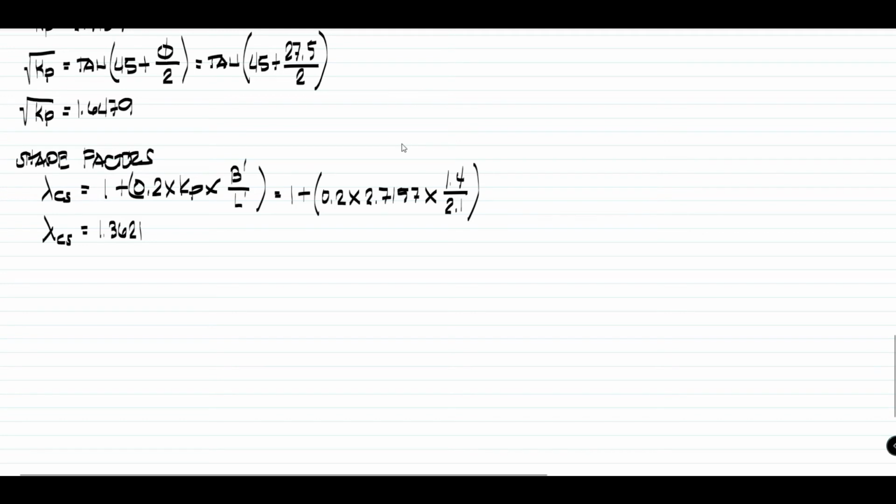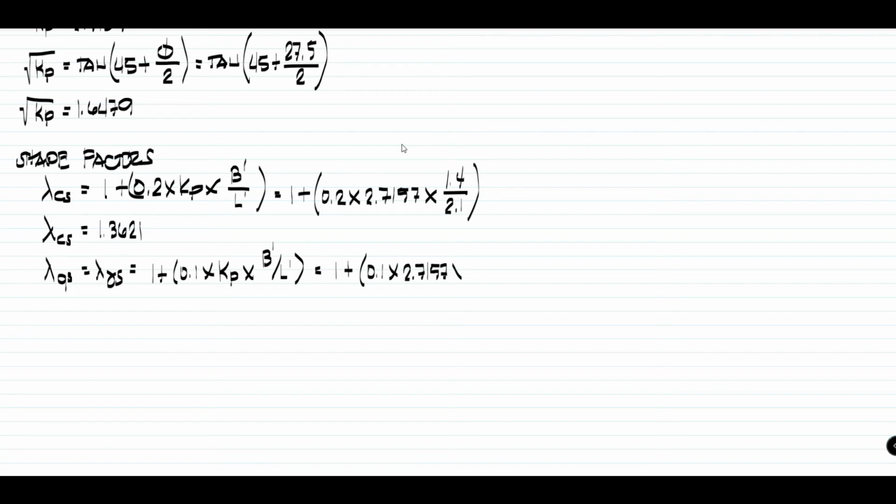Next, our lambda QS and our lambda gamma S. So, this will be 1 plus 0.1 times K sub P times B prime over L prime. So, that will just be 1 plus 0.1 times 2.7157 times 1.4 over 2.1.